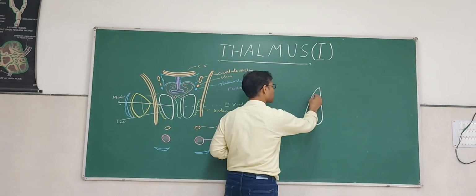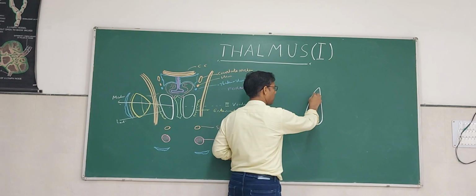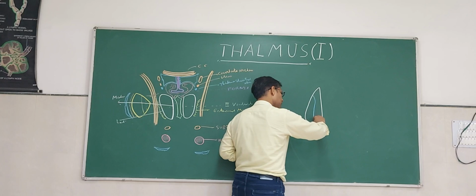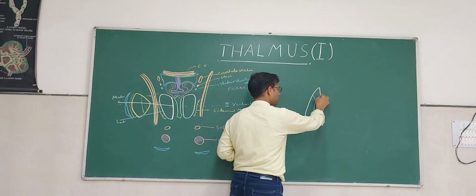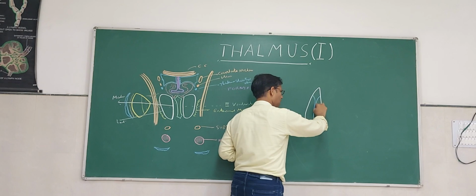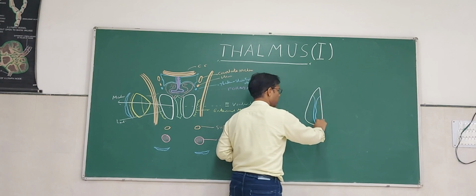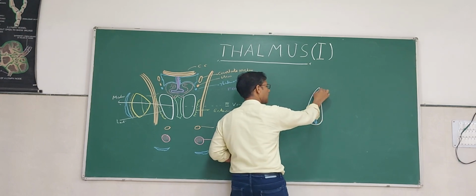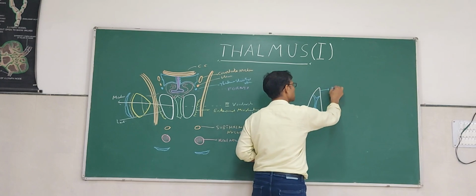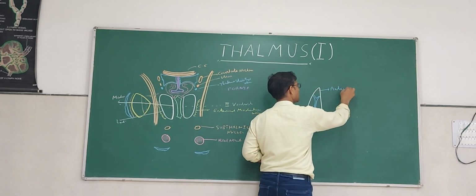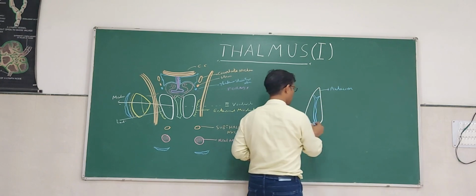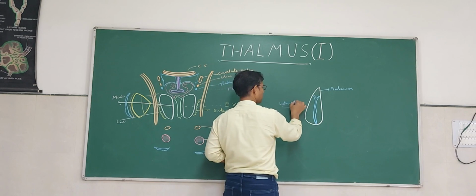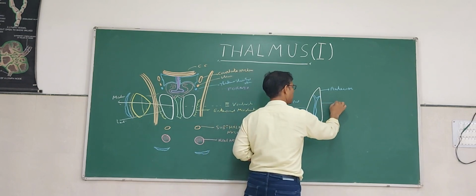There is a white matter strip, a Y-shaped strip, which is dividing this mass into the anterior part, or anterior group, the lateral part, and the medial part.